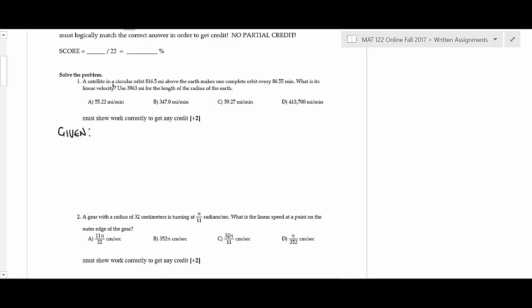When I read this, it says a satellite in circular orbit is a certain amount above the Earth, and it makes one complete orbit every 86.55 minutes. What that means is that is an angular velocity, and remember the variable we use is omega.